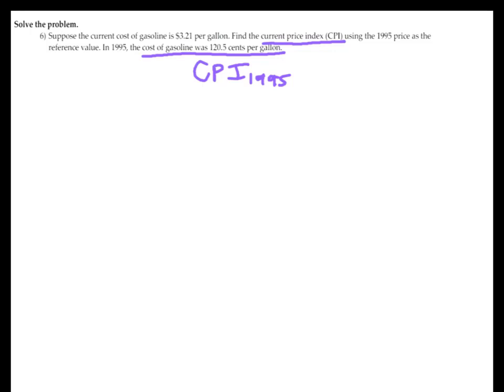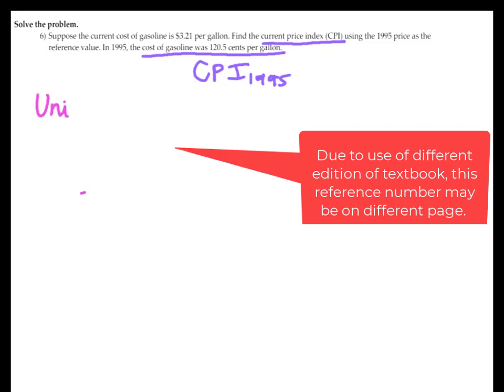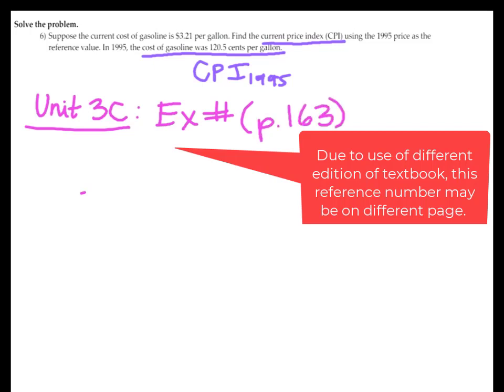So again, for reference, this is very similar to example number 1 on page 163. So this is Unit 3C.